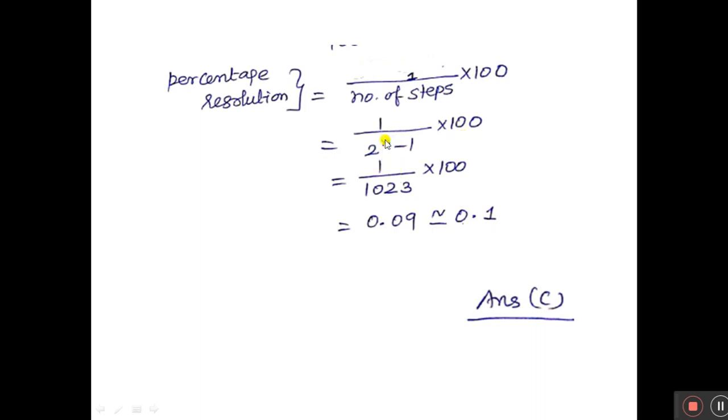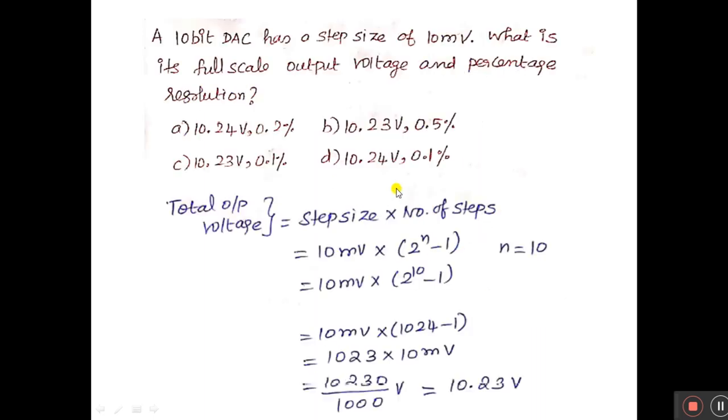So 2 power 10, 1024 minus 1, 1023, into 100. This becomes 0.09. Approximately we can take it as 0.1. So from the given options, option C is correct. So total output voltage 10.23 and percentage resolution 0.1. Okay, option C is correct for this question.